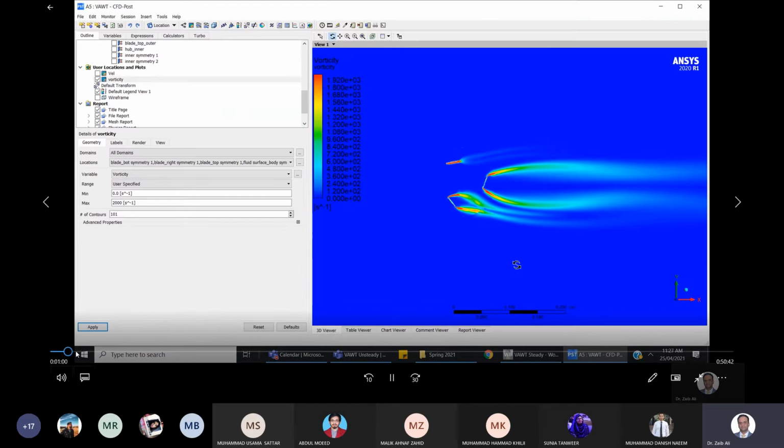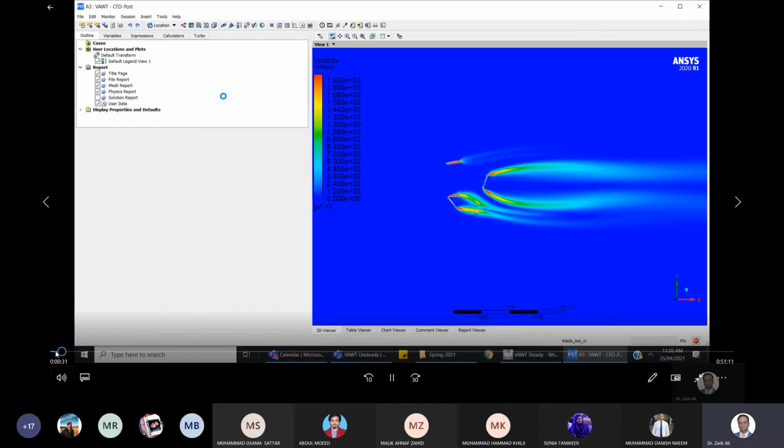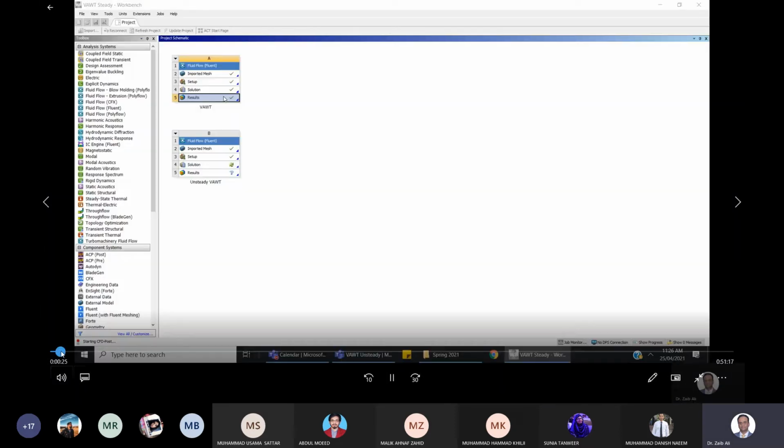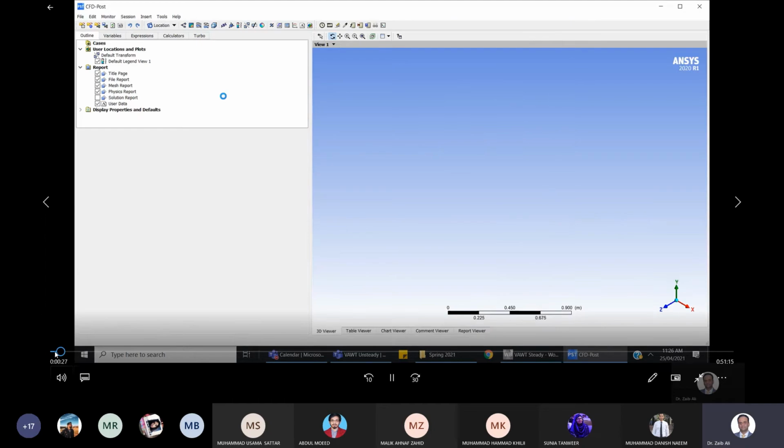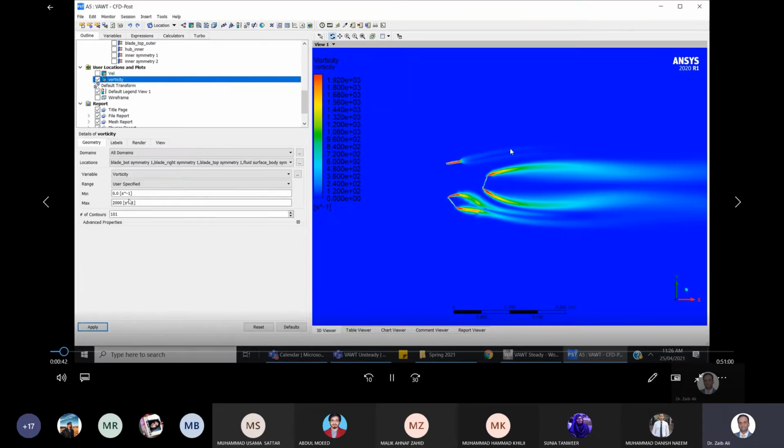and I'm uploading this tutorial for the unsteady, which starts with some of the post-processing which was left of the steady part. For example, the observation of the velocity magnitude.